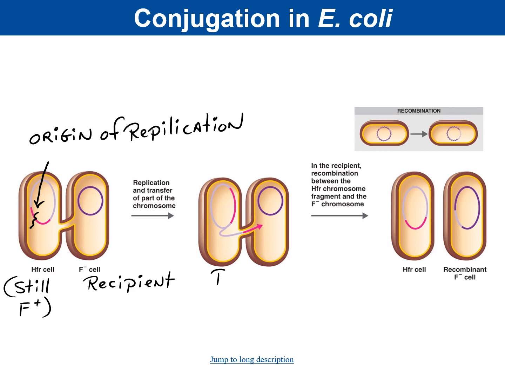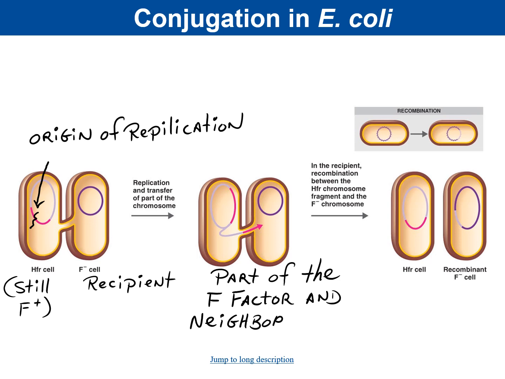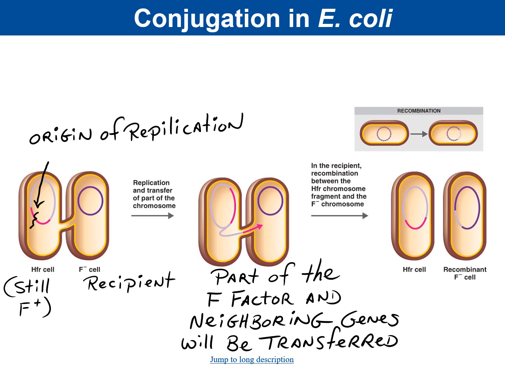So part of the F factor and neighboring genes next to the F factor will be transferred. And as they're copied over and transferred, then the recipient cell gets an interesting package.